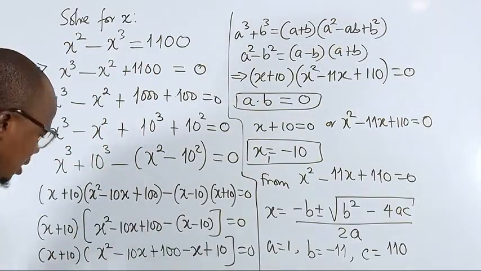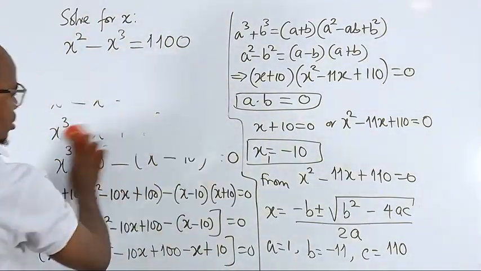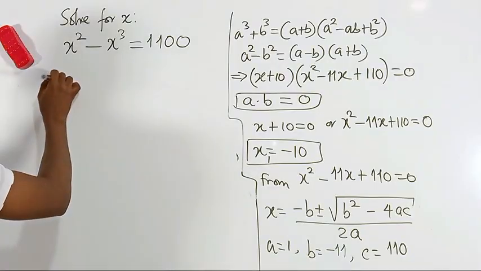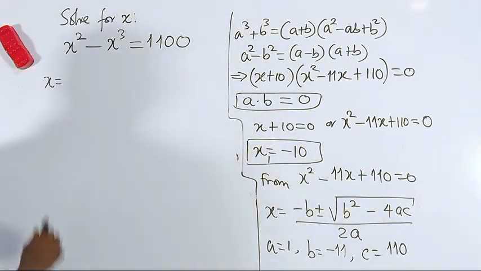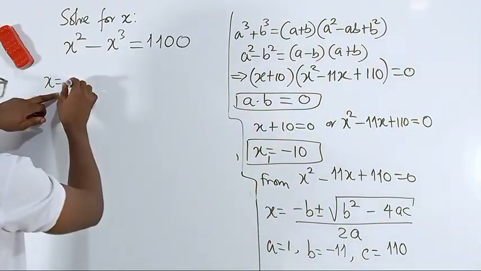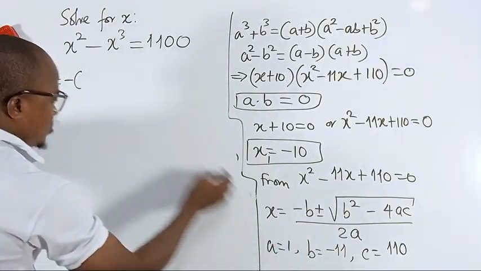Now, let's apply that. So from there, x will be equal to minus b. Minus b, we have minus into b is minus 11.